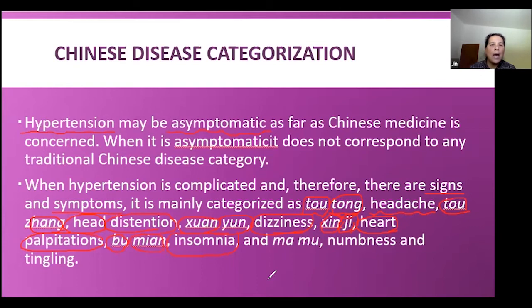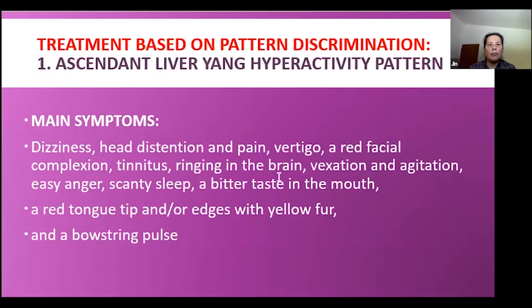And sometimes people with hypertension may have numbness or tingling. We name it 麻木. Ma is numbness, Mu is losing feeling. So generally speaking, by different kinds of symptoms, we give different names in TCM.